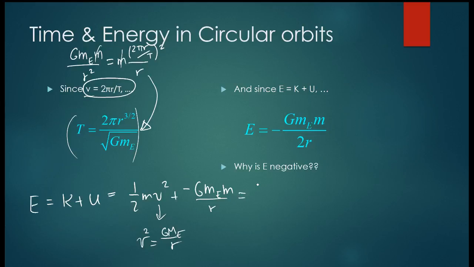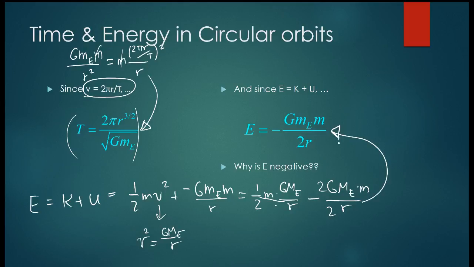So this is actually equal to 1/2 m times G mass of the Earth over r minus G mass of the Earth times m over r. And if you look at this, we really have 2r down here, so we put 2r here. Those two will combine to give us this. So that's how we get that.